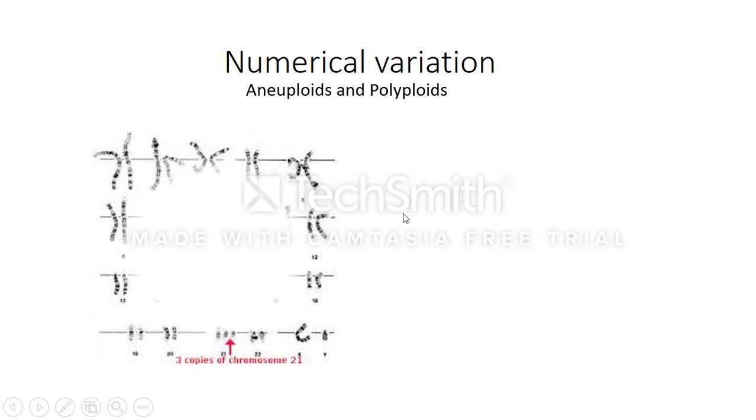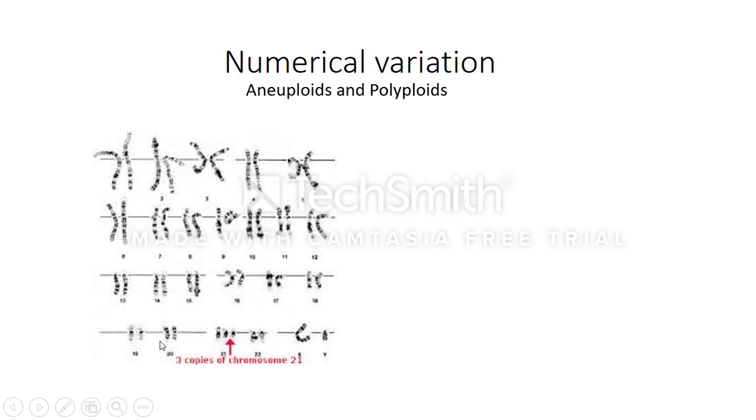So now we're going to get a closer look at numerical variation, and we're going to look at aneuploids and polyploids. Right here, it's a karyotype, and I want you to see if you can figure out if this is an aneuploid or a polyploid based on your knowledge so far. Now, I didn't tell you what an aneuploid or a polyploid is.